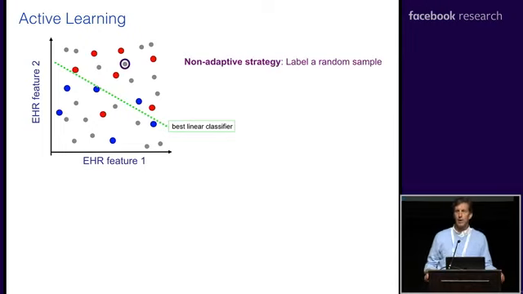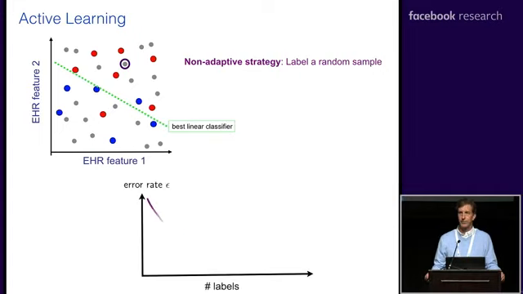So if we're thinking about which example to label next, the conventional machine learning pipeline would just pick one of the unlabeled examples at random and ask the human expert to label it. And that would give us a certain learning curve. So as we collect more labeled examples, of course, the error rate of our classifier will improve and go down. An active procedure would have the machine decide which examples it is more uncertain about.